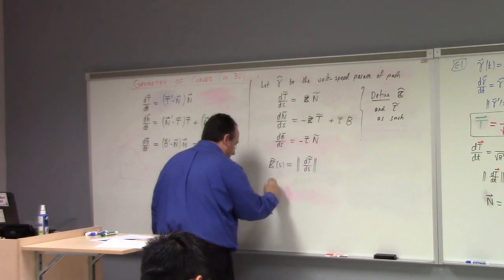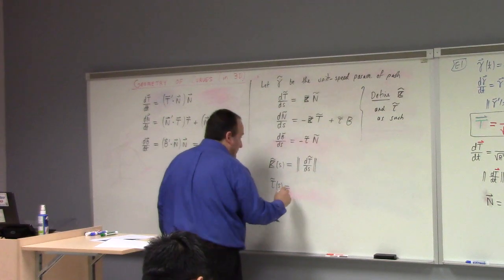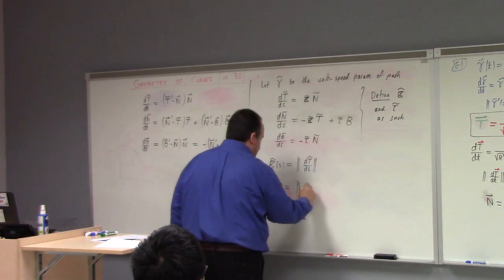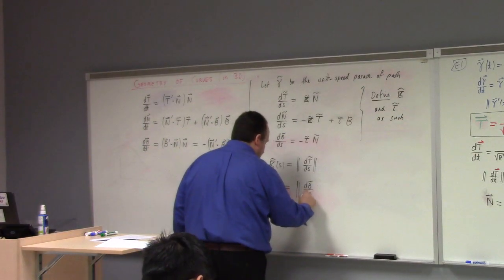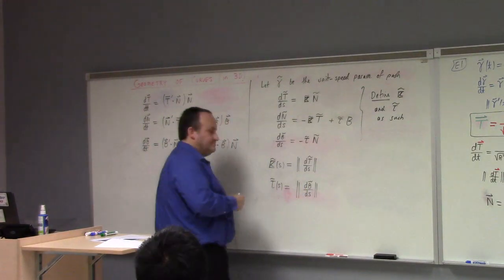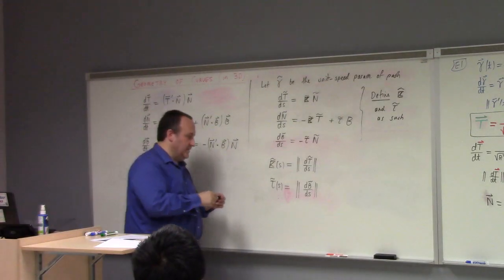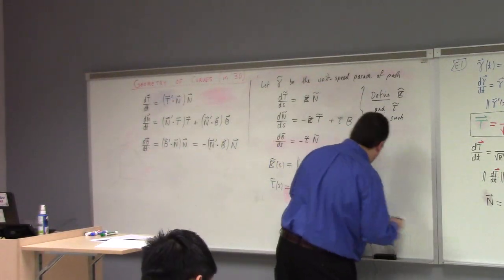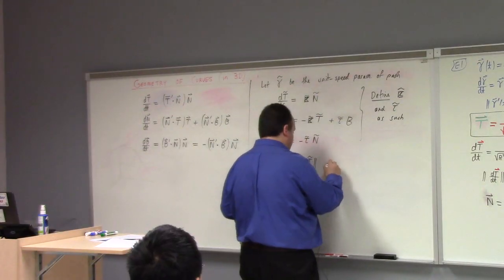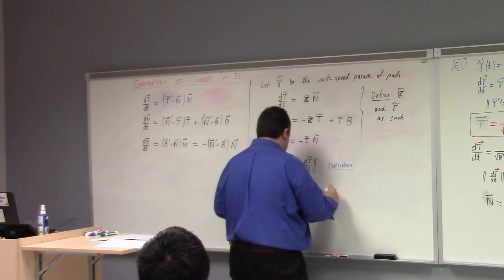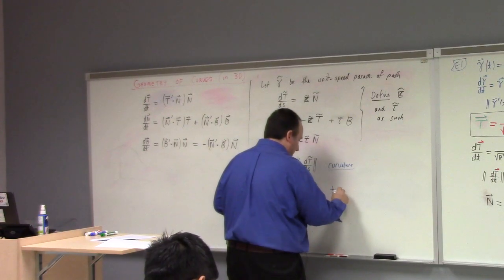And tau tilde is equal to the magnitude of dB tilde ds. You asked what they were? That's a good question. Kappa is the curvature, and tau is the torsion.